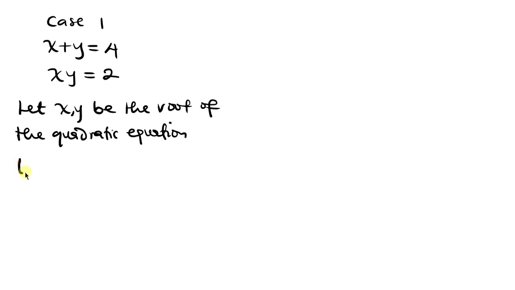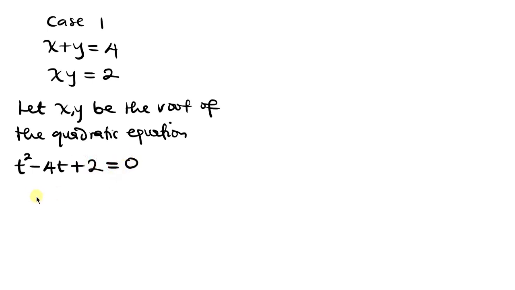So this is t squared minus the sum of roots. The sum of roots is x plus y, and that is equal to 4. So 4t plus the product of roots. The product of roots is xy and is equal to 2. So this is equal to 0.